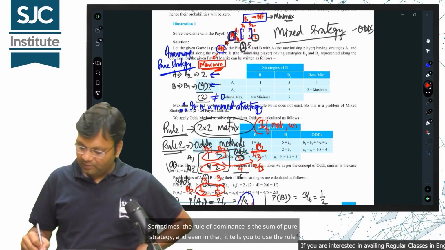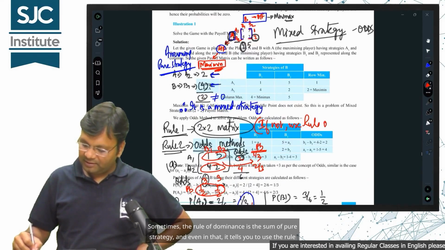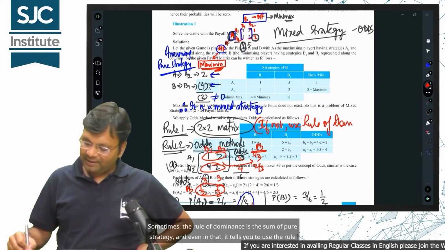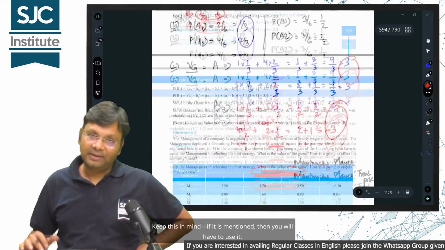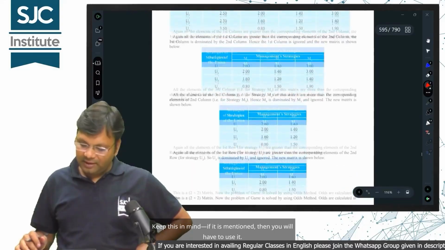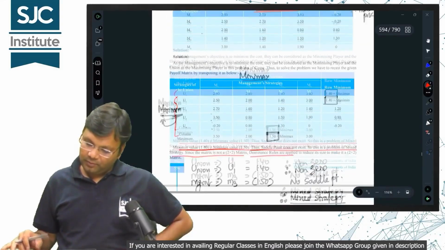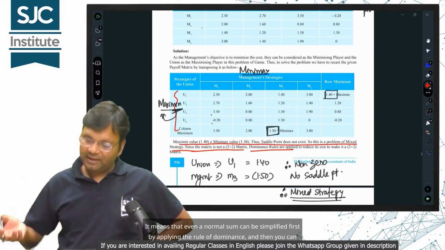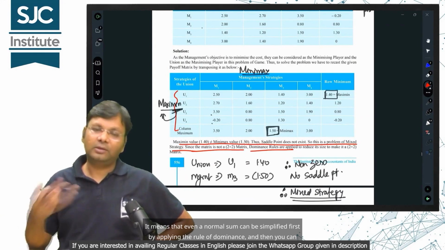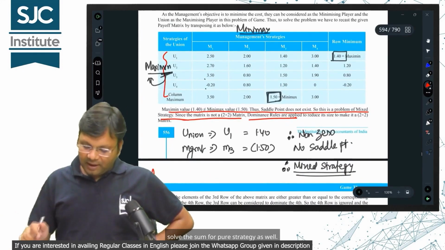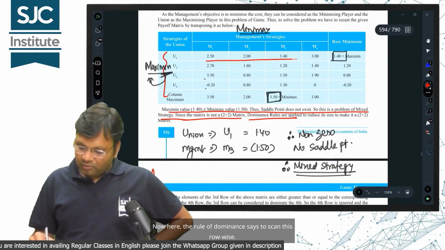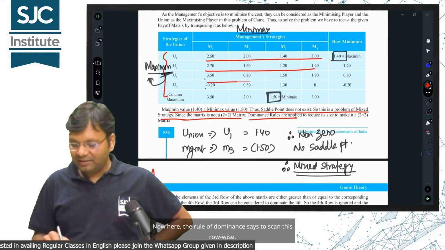Alright. Sometimes, the rule of dominance is mentioned in the sum of pure strategy, and even in that, it tells you to use the rule of dominance. Keep this in mind. If it is mentioned, then you will have to use it. It means that even a normal sum can be simplified first by applying the rule of dominance, and then you can solve the sum for pure strategy as well. Now here, the rule of dominance says to scan the rows.